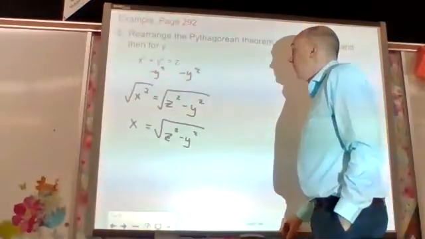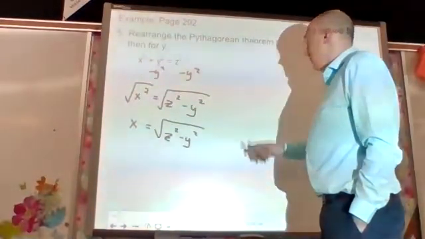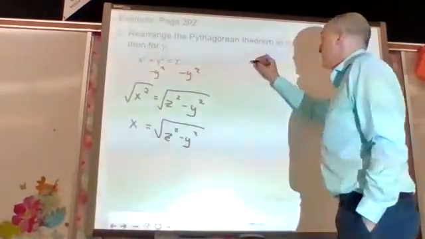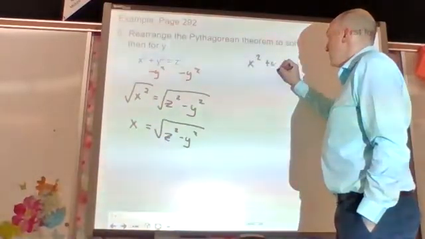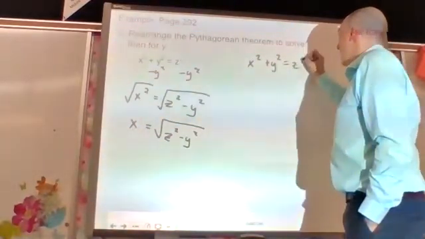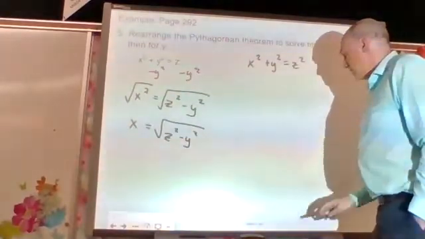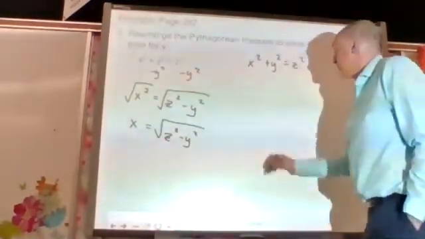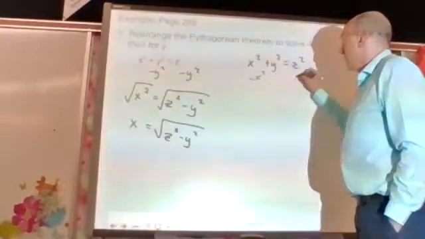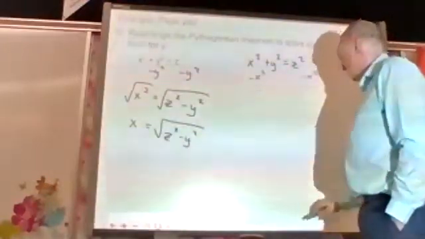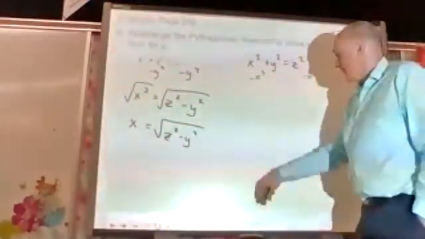If we want to solve for y, then starting from the same place, x squared plus y squared equals z squared, we're going to just simply subtract x squared from both sides. We want to get y squared by itself.